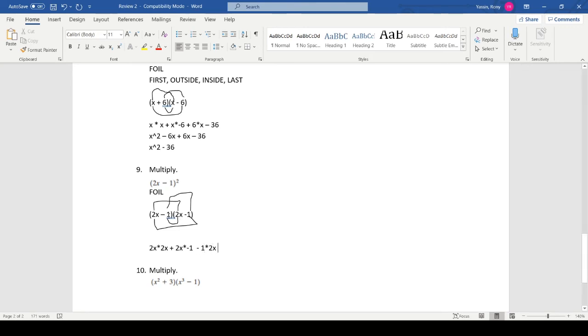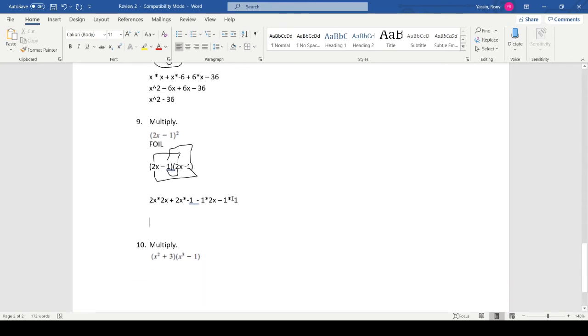And then last was minus 1 times minus 1. Okay, so now we just have to solve this and show our work on this. So the first was 2x times 2x, so 2x times 2x is going to be 4, because you're doing 2 times 2, which is 4. And then x times x, which is going to give you x squared. So this is going to be 4x squared for the first term.